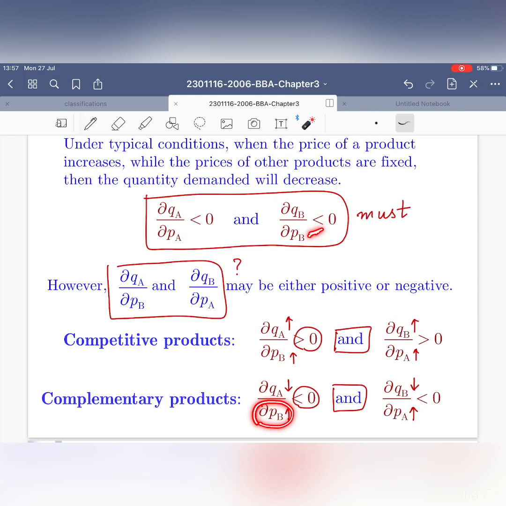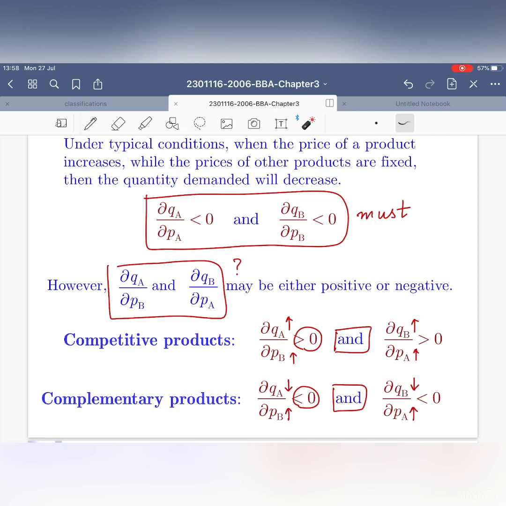And at the same time, people also don't buy A. Or if the A is more expensive, people don't buy A, and at the same time, people don't buy B as well. So it means that if you buy A, you need to buy B together, or if you buy B, you need to buy A together. So it means that these two products are complementary.